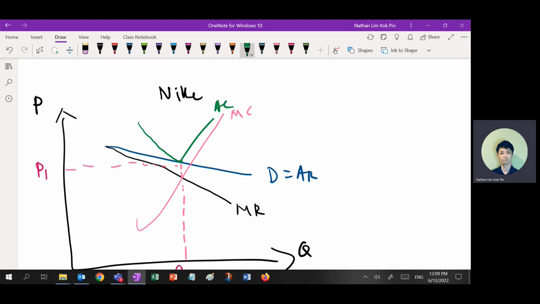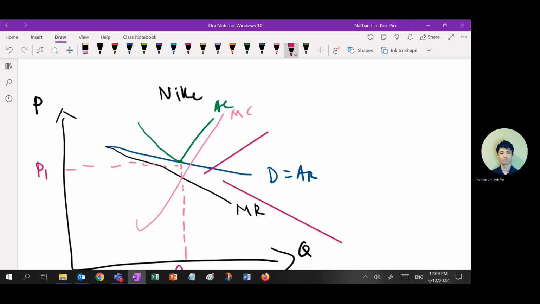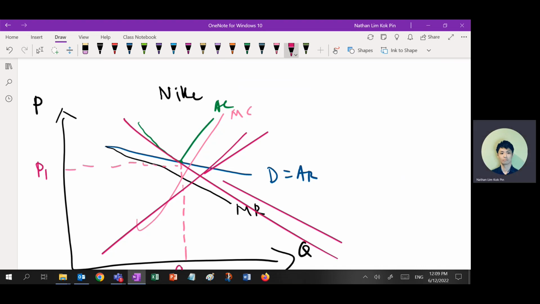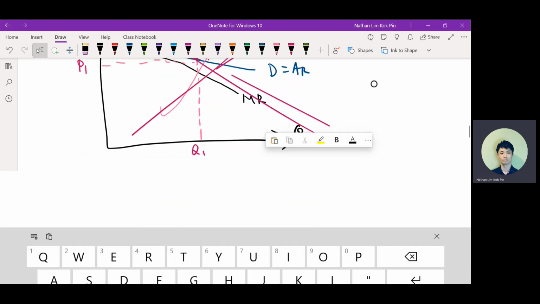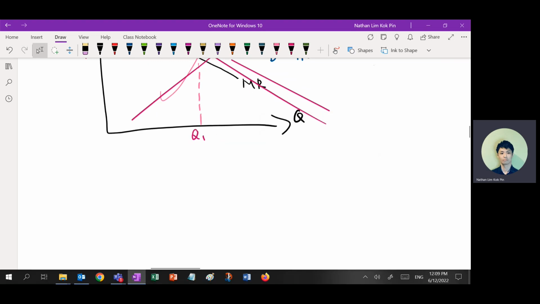This is also wrong. Why wrong? This should not be a minimum point. The minimum point must touch MC. So check what you drew just now, whether you repeated these 2 mistakes, the most common 2 mistakes.